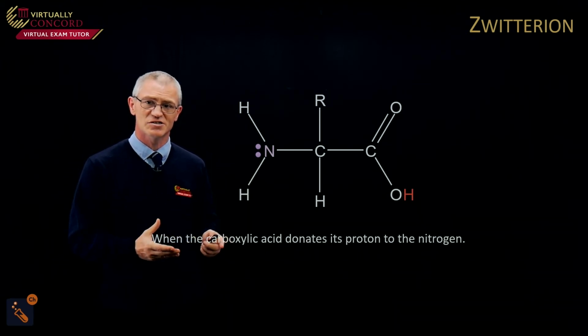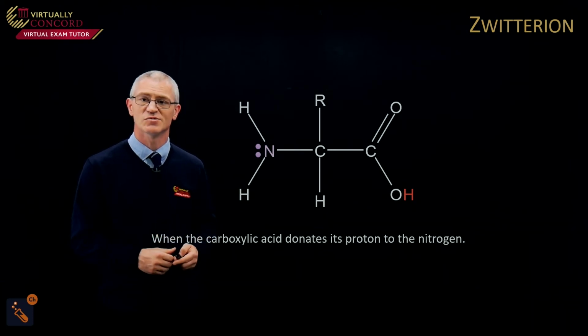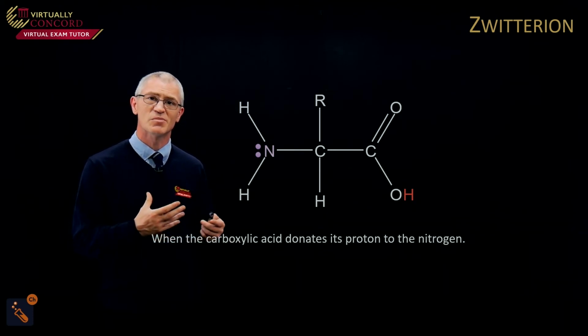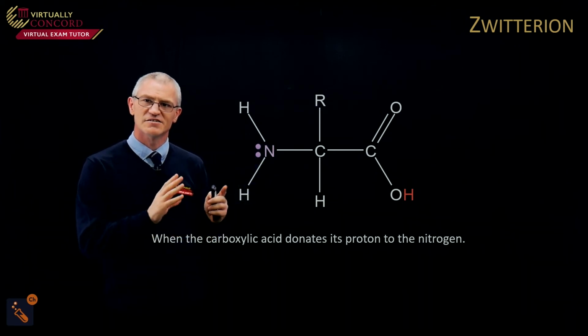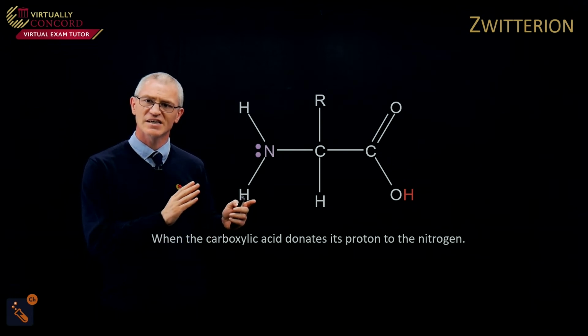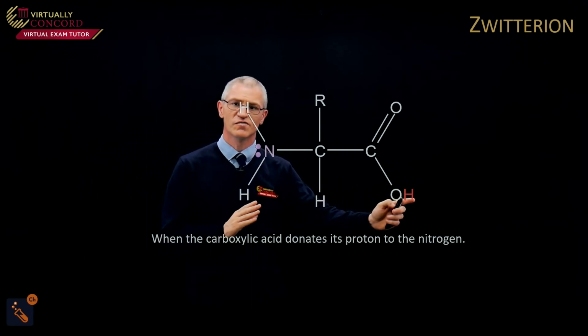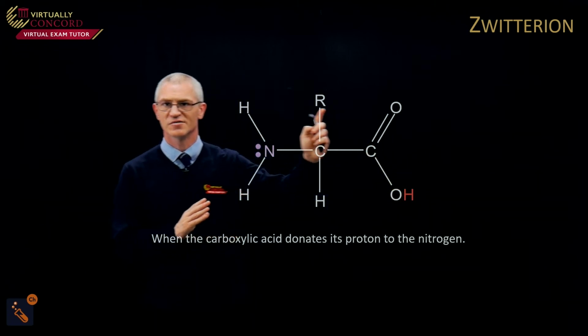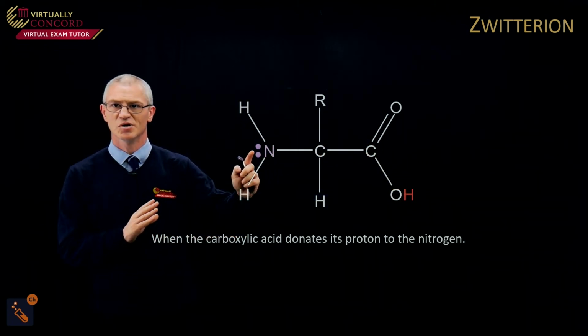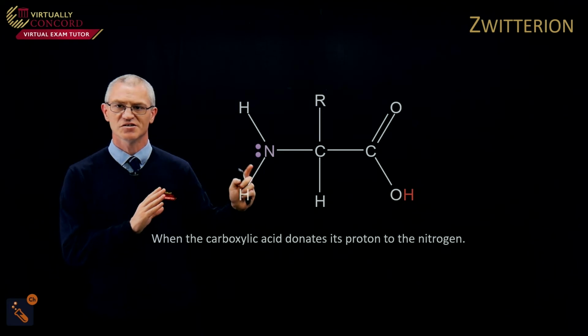Now, the last thing we're going to show you is something called a zwitterion. The word zwitterion is not really going to be used in the exams, hence we haven't written it here, we've written it up there. That zwitterion is when the H from the OH, from the carboxylic acid, donates and then comes over here and bonds as a H with the N. And we're going to show you that now.